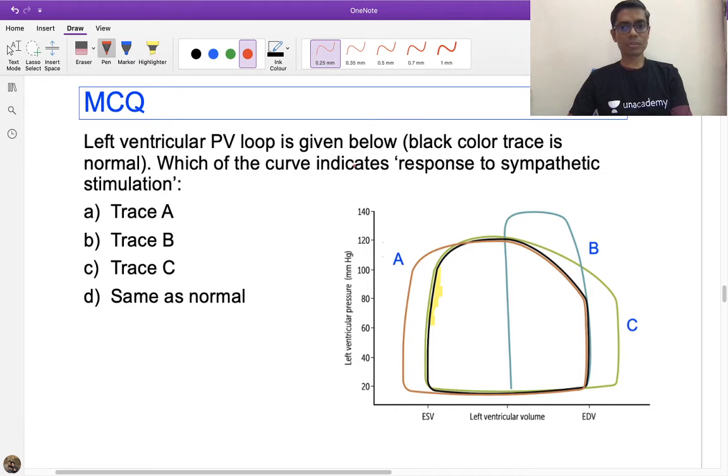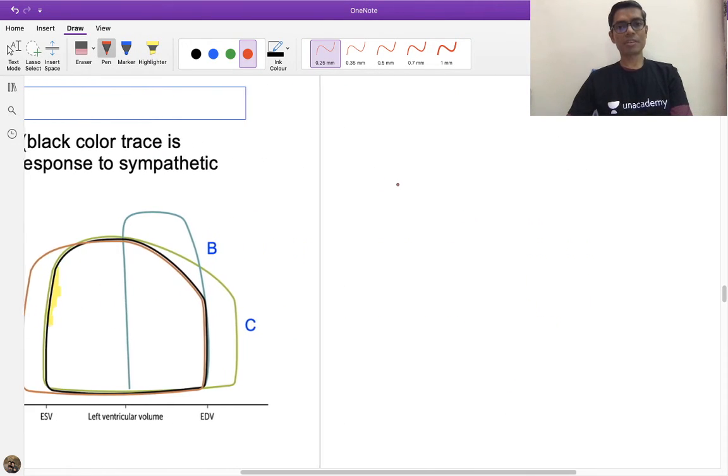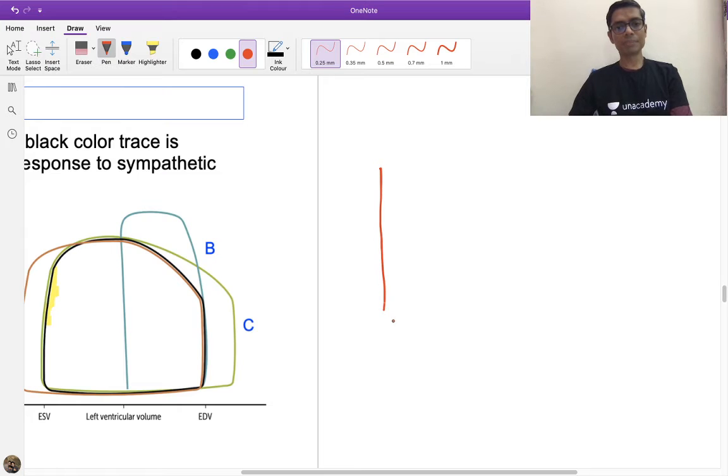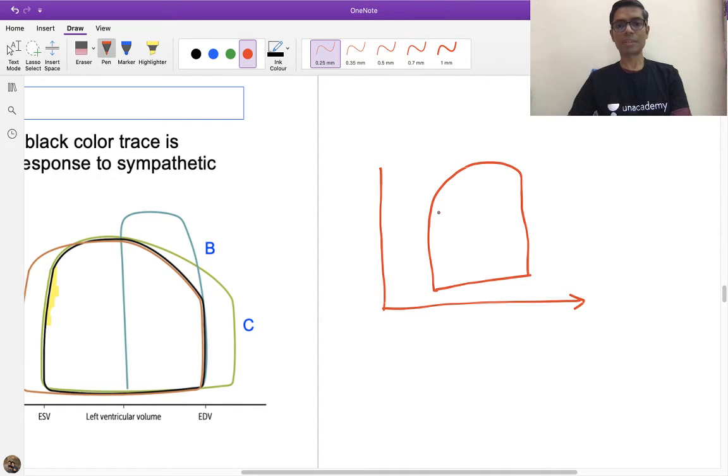Okay, so B. Let's try to understand. Suppose this red color is the normal curve. A little defective diagram, but whatever. Now whenever the sympathetic system is stimulated, what will happen to the ventricular contractility?